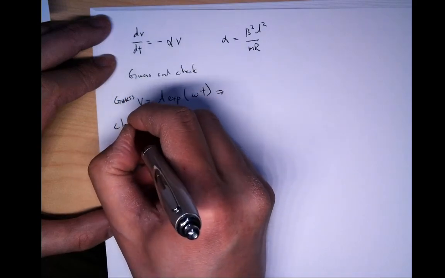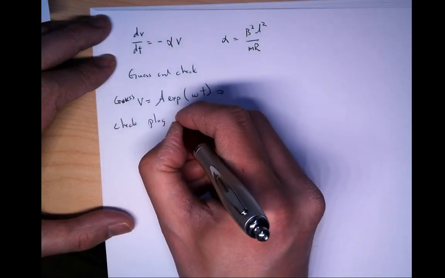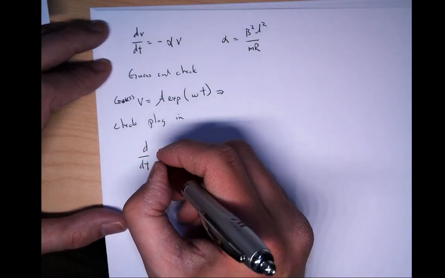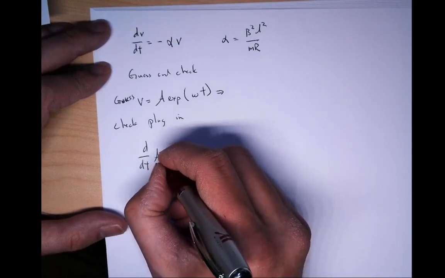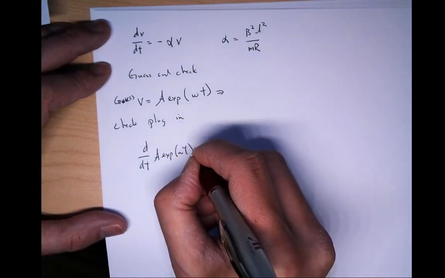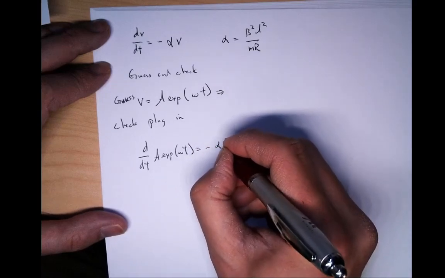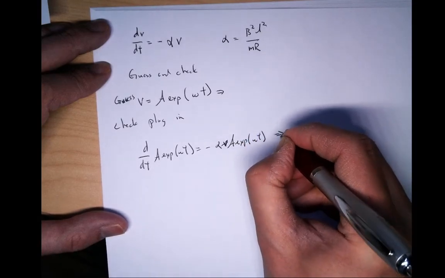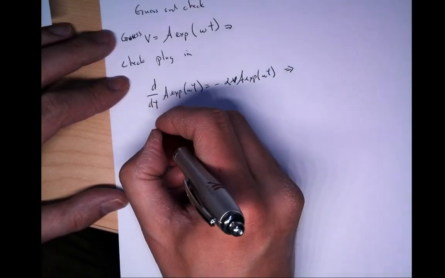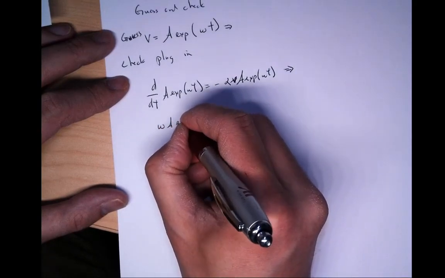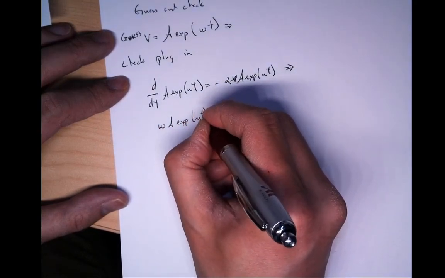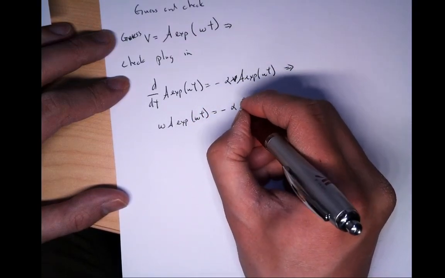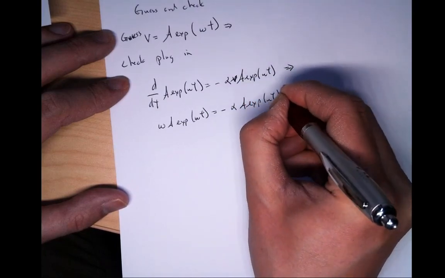Now the check part: plug in. d by dt of A exponent omega t is equal to minus alpha v, which is just A exponent omega t. This piece brings down omega, so omega A exponent omega t is equal to minus alpha A exponent omega t, and it worked out.